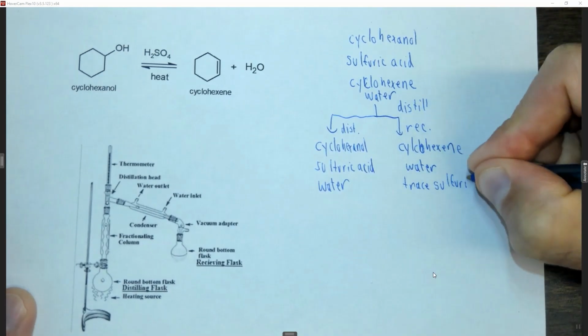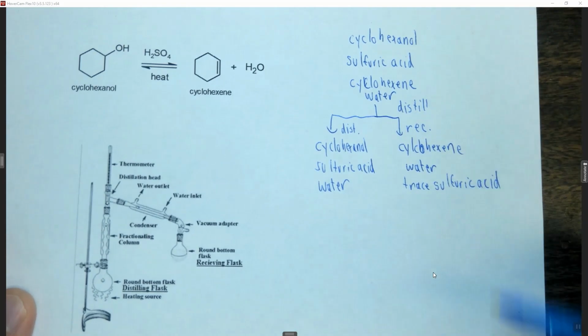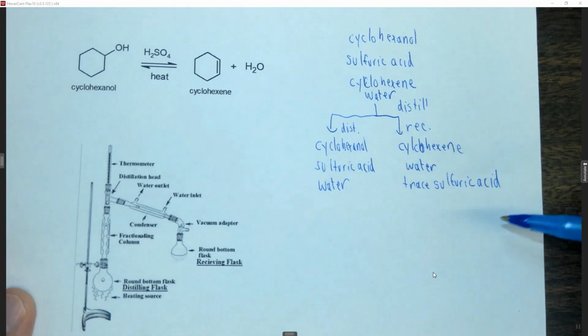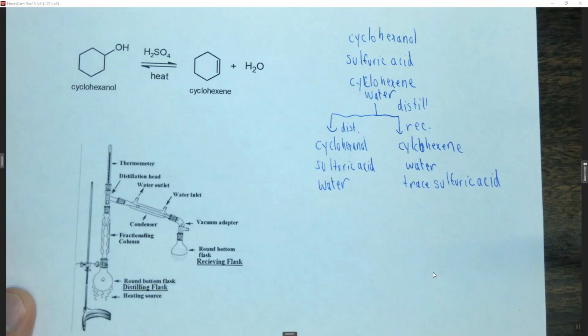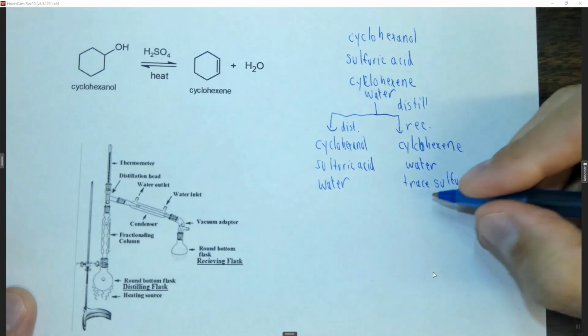But we're all going to assume that it does contain sulfuric acid, and be careful in the next step of the separation, because again, if you add the sodium bicarbonate to sulfuric acid, you can get a lot of CO2, so you need to vent. You need to make sure before you even put the cap on, that you aren't generating large amounts of CO2, because that can build pressure and be dangerous.